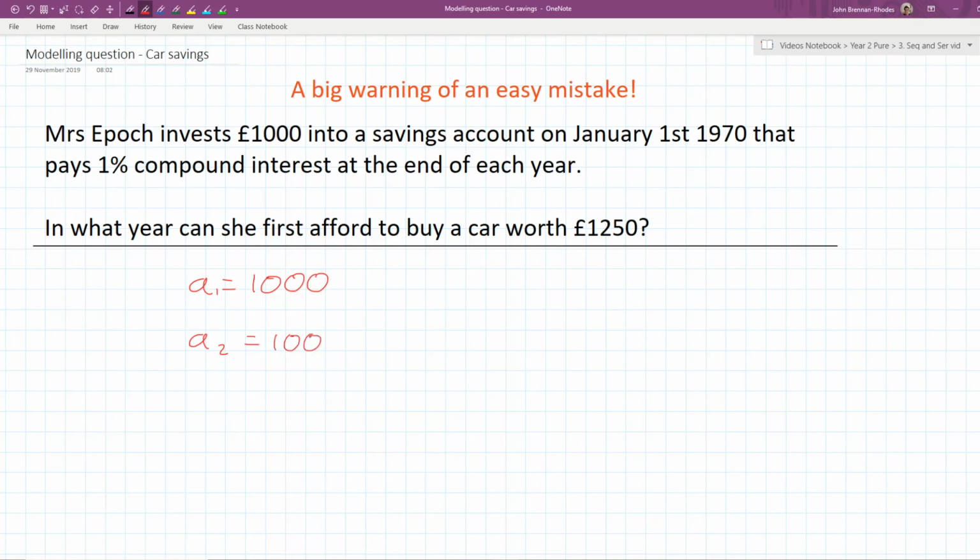So I guess you could write that like this, but actually, a better way of writing that is like this. And in A3, since it's compound interest, we want to multiply that by 1.01 again to get this.